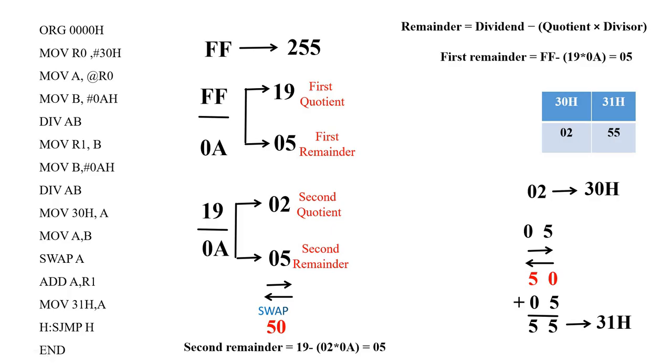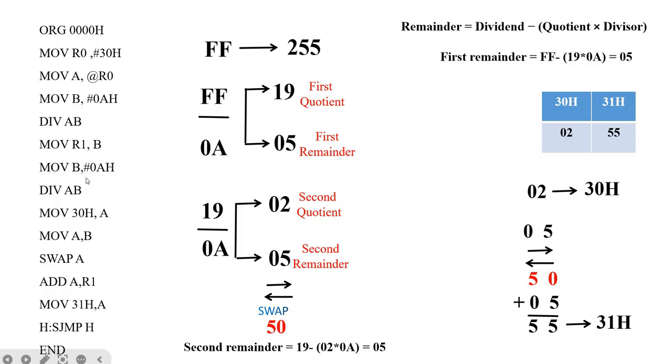Now we will go for the second division. To perform the second division, 19, the first quotient, is already in the accumulator, but the B register has 5 in it. We need 0A, that is 10, in that. So we have to again move 0A into B, so that the B register has 10 to perform the division.